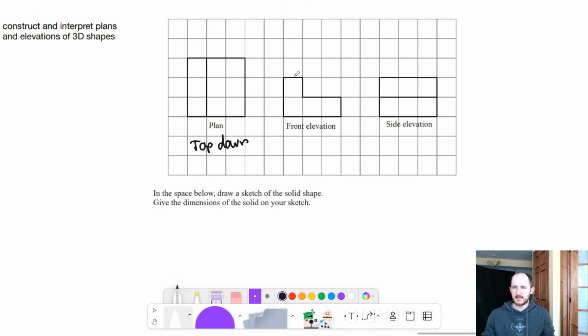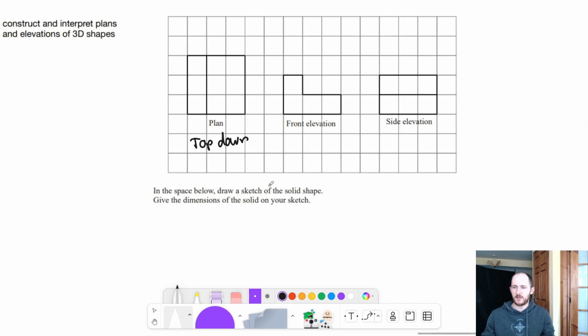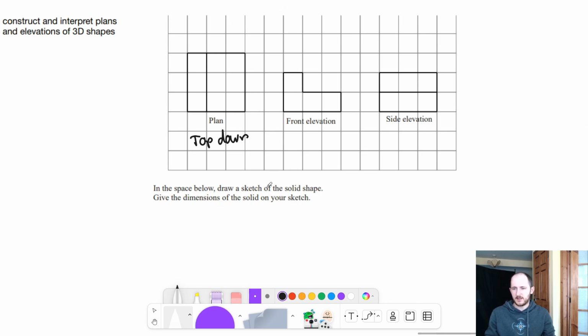So if I were to read this, my front looks like this, so I'm going to draw this out. Again, keep in mind, you don't have to be like Michelangelo or anything. And I know that since this is a centimetre grid, this height is 1, this width is 2. So I'm going to say this is 2 centimetres, that's 1 centimetre, that's 1 centimetre, and that would be 3 centimetres at the bottom.